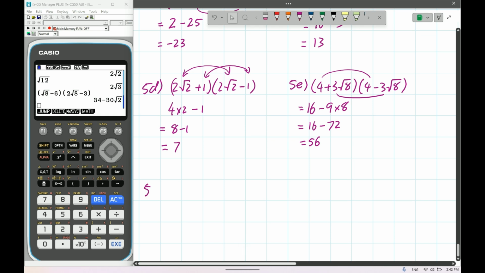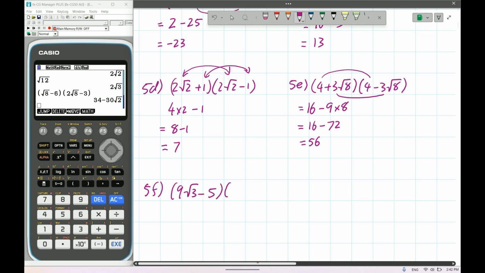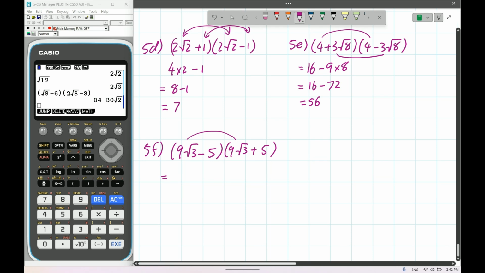Cool. 5f. And just to finish off, 9 root 3 take 5, and 9 root 3 plus 5. So once again, this times this, you'll make 81, because 9 times 9 makes 81, times 3. And then you just do these ones, minus 25. 81 times 3 is 243, minus 25.